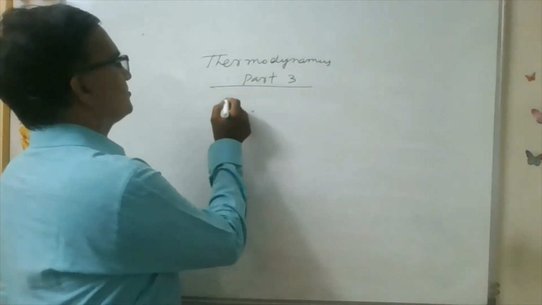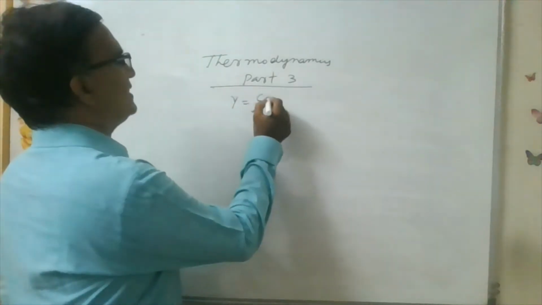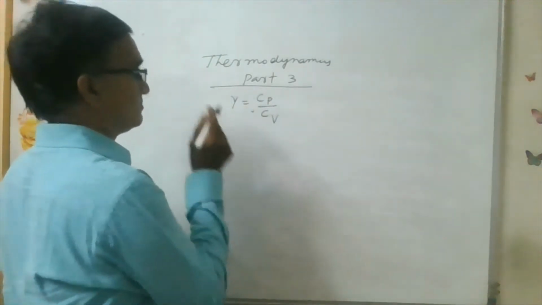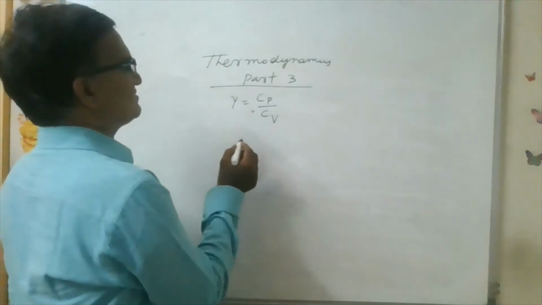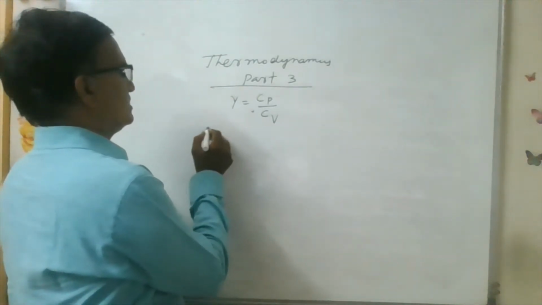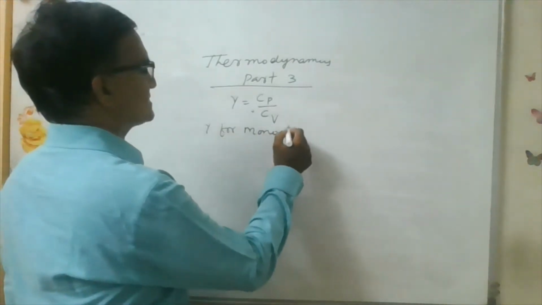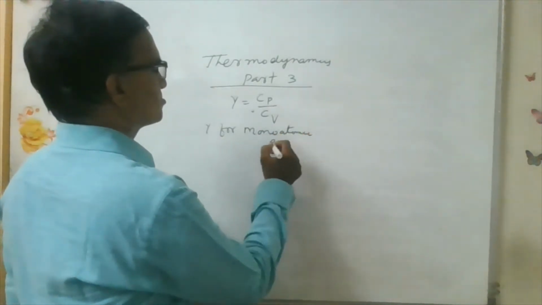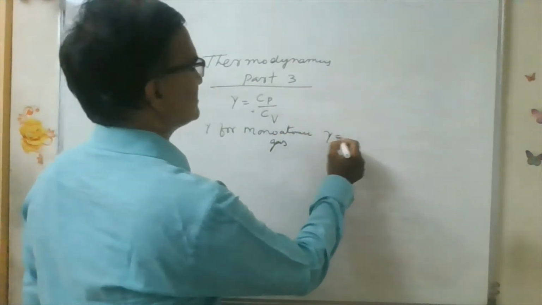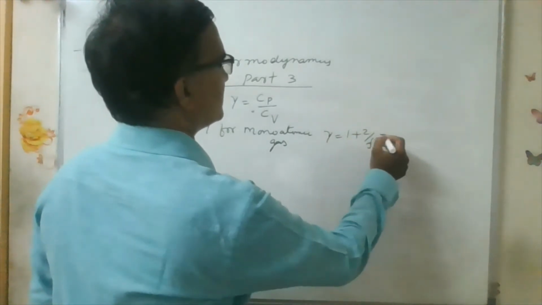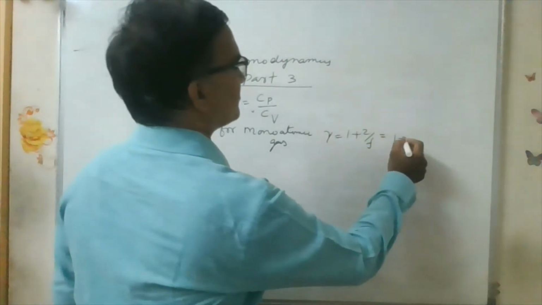Gamma is equal to Cp by Cv, where gamma is the ratio of specific heats. Gamma for a monoatomic gas is 1 plus 2 by F, where F is the degree of freedom.